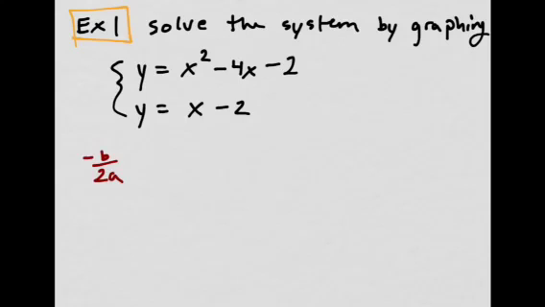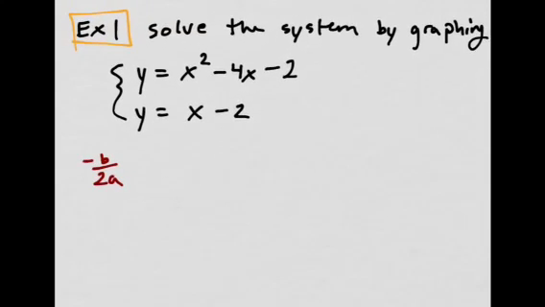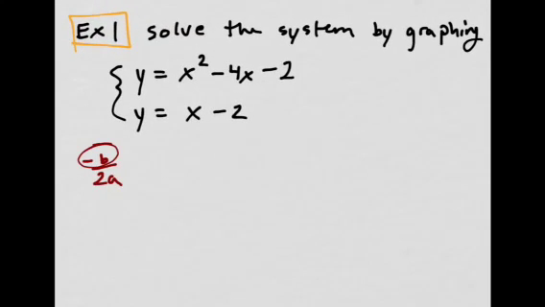So here, this would be positive 4, because the opposite of negative 4 is positive 4, over 2 times 1. There's a 1 in front of the x squared, so a is just 1. This is a parabola opening upwards, so this ends up being 2.